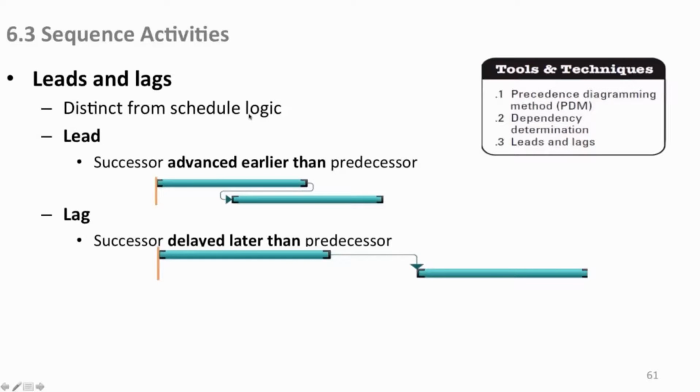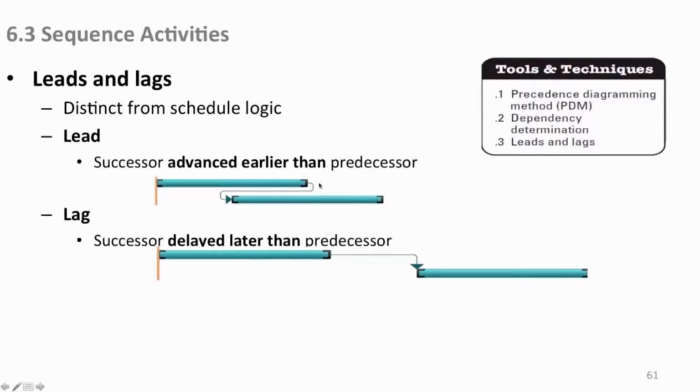Now again, your schedule logic is your finish to start, start to finish, and all that. These are where you can do this. You can advance a task, this one I'm pointing to here. This is a finish to start dependency, a logical dependency. Normally it would be here and go out this way, but for some reason, maybe because you're trying to compress the schedule, once you get this far in the completion of this particular task, you may then be able to start the next task.